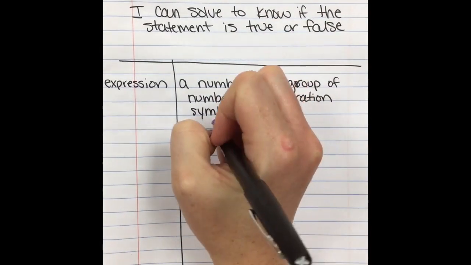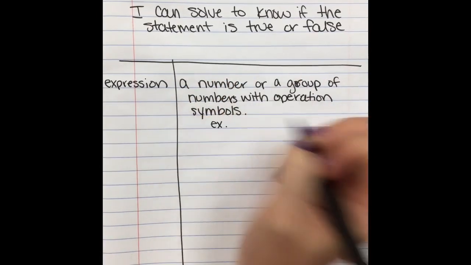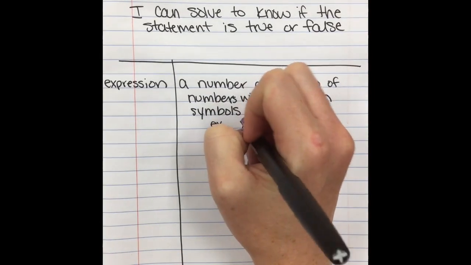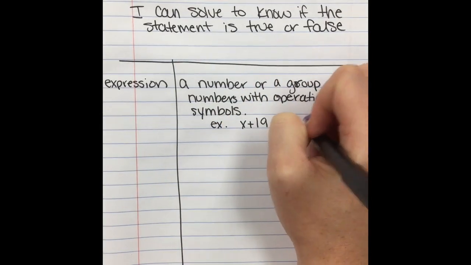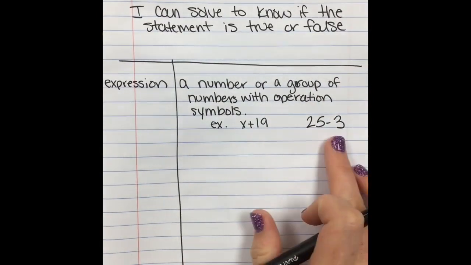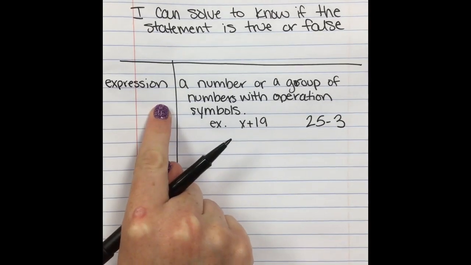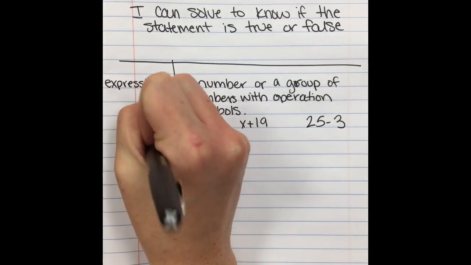So for example, so now we'll put example. I might have x plus 19, or I might have 25 minus 3. These two are examples of an expression. A clue that I like to give, so I'm going to put clue here.